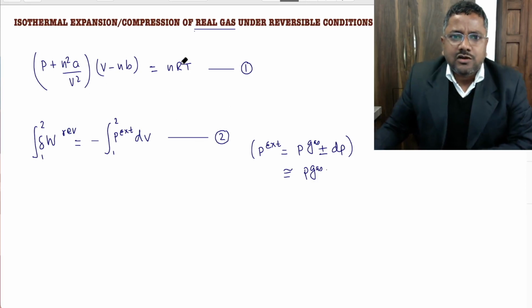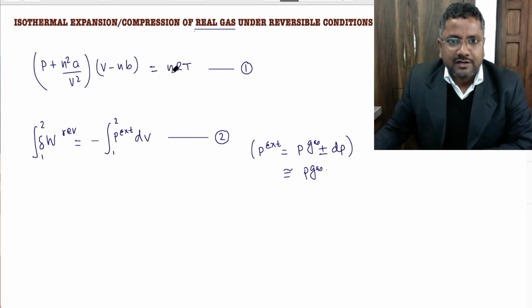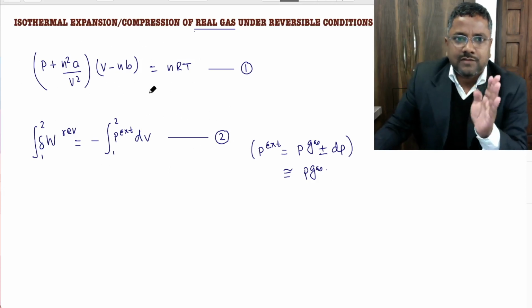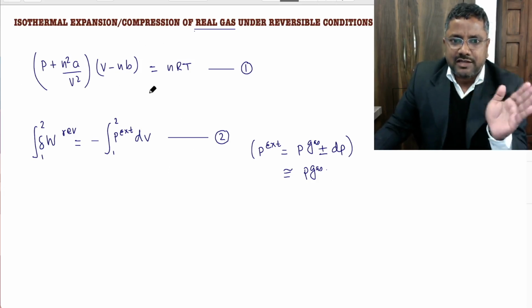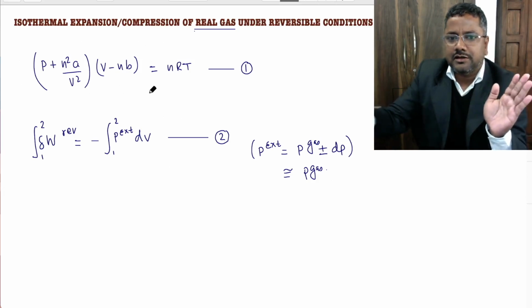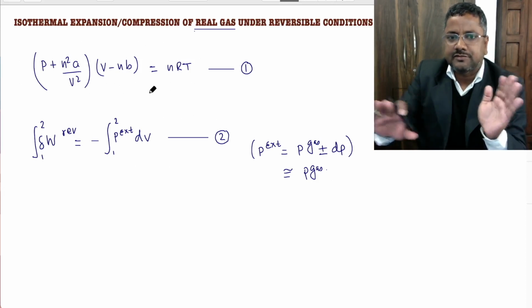Now whatsoever equation is given to you, you have to rearrange that equation in terms of pressure. That means keep pressure on the left and shift all the other terms of the equation to the right hand side.